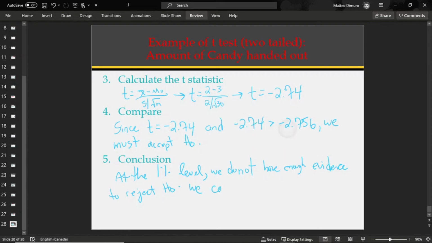So you say we cannot conclude the mean number of candies is different than 3. And there you have it.